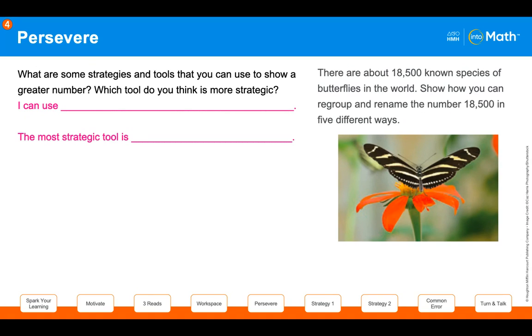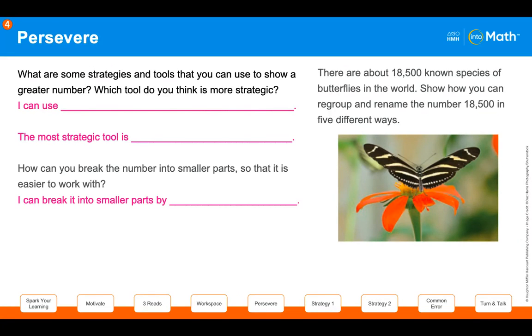And which one do you think would be the most strategic? Maybe using expanded form or word form? How can we break this number into smaller parts so that it's easier to work with? Well, that of course would be expanded form. So we can break it into smaller parts by using expanded form.